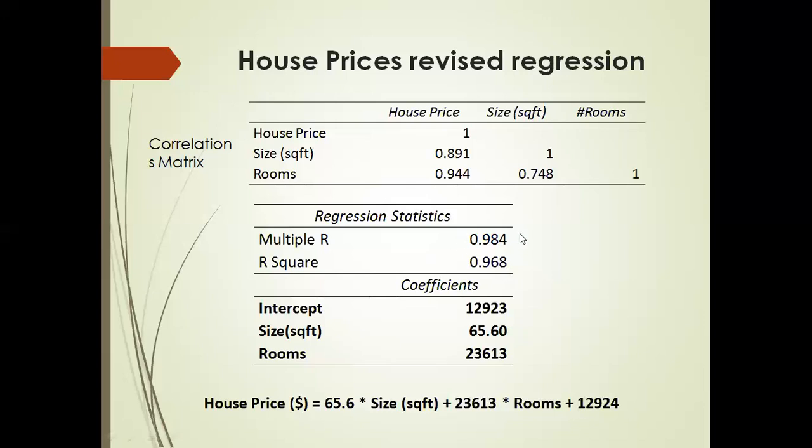What is the output here? It shows that the coefficient of correlation of this regression model is 0.984. R square, the total variance explained by the equation, is 0.968, approximately 97%. That means the variables are positively and very strongly related. So this value indicates the variables are positively and very strongly correlated.